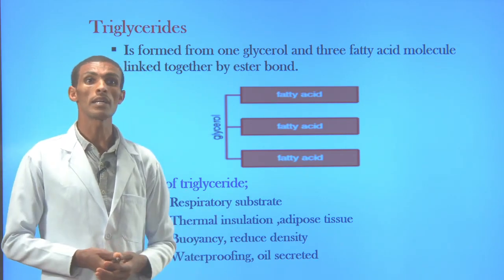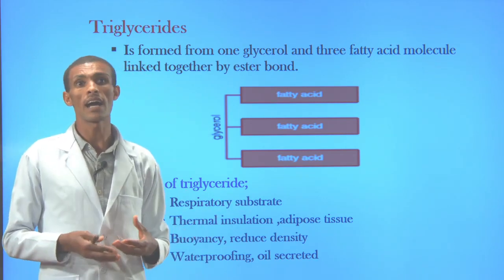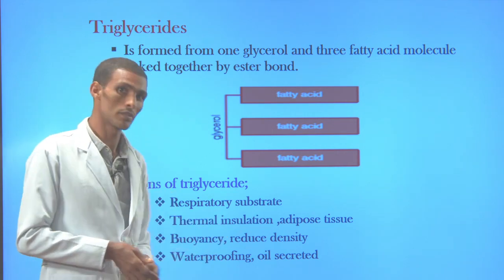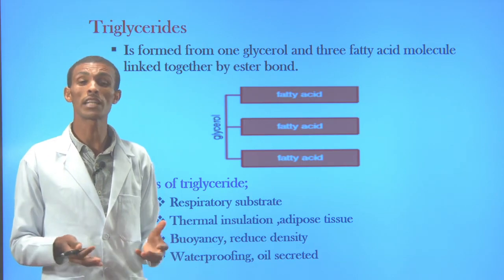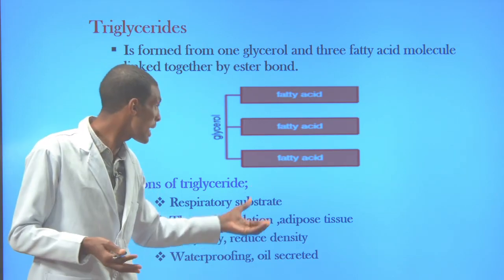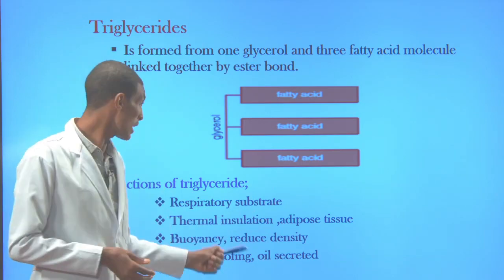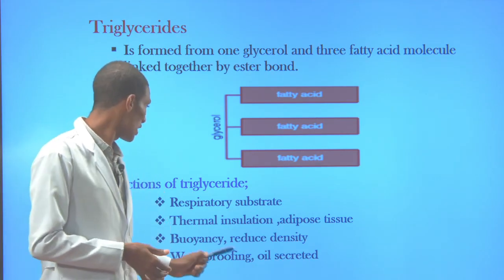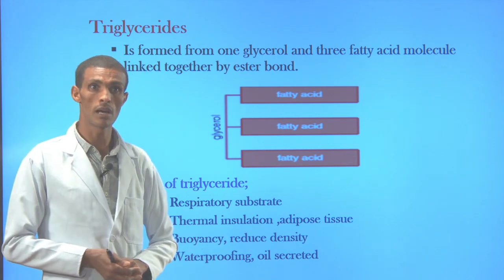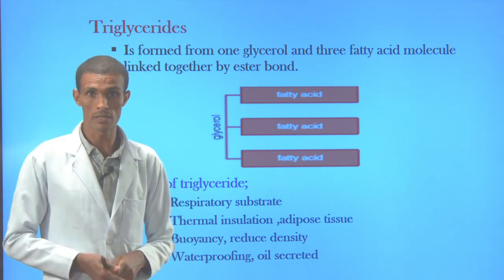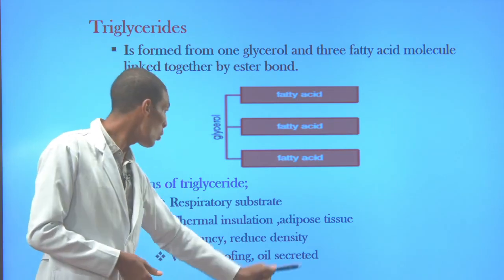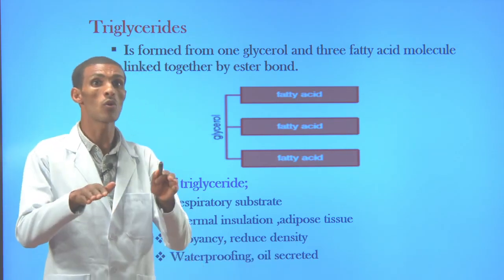Notice this one, it can act as thermal insulation, temperature insulation. Adipose tissue found below the animal skin is very important for this activity. Another, it is very important in buoyancy, for an animal to float in water, by reducing the density of the animal.